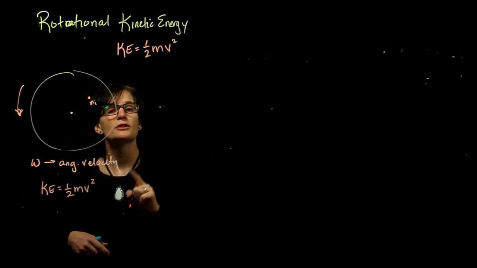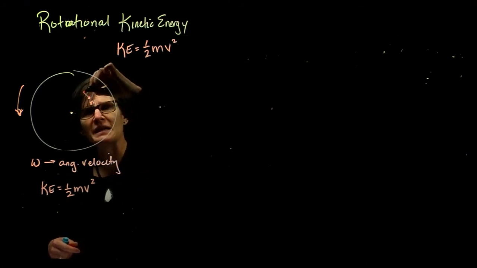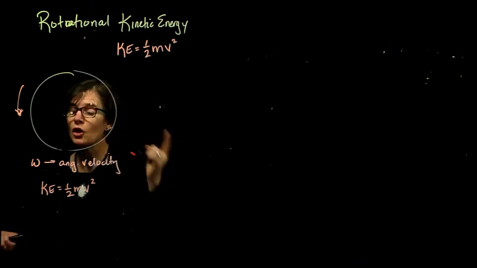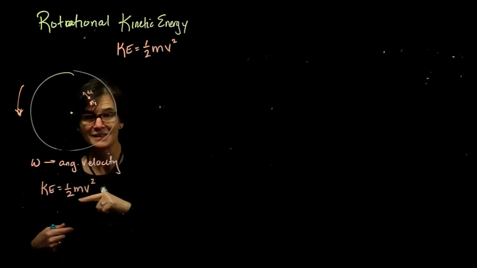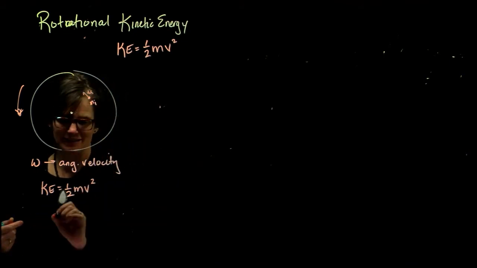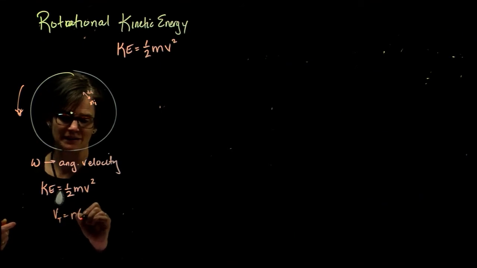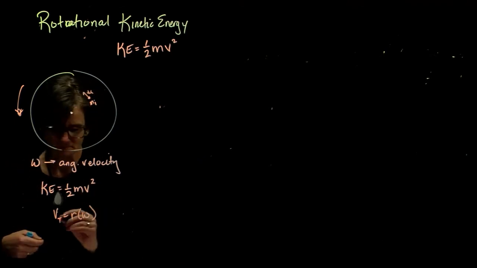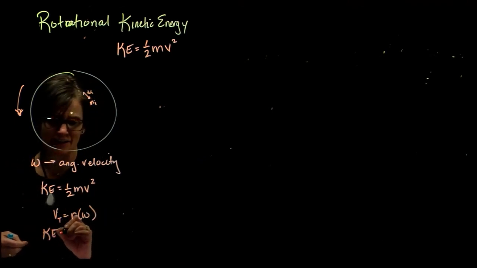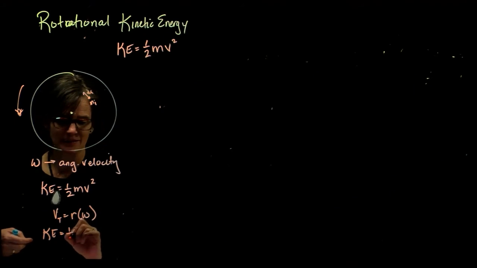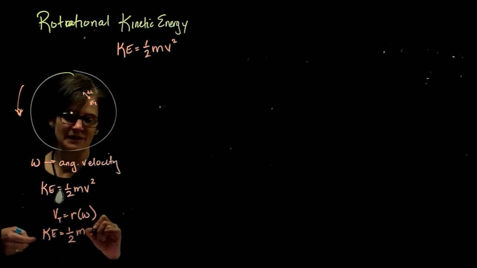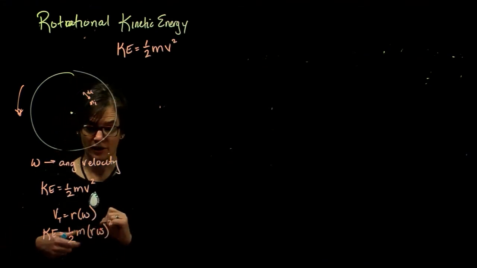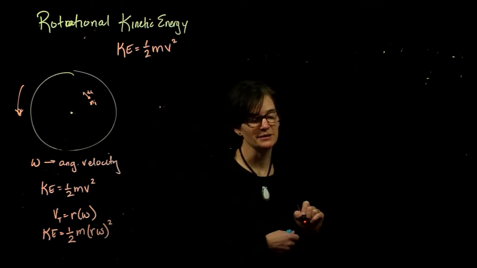But that's a translational speed, a linear speed, which we call in this world tangential speed. So how is tangential speed related to angular velocity? Well, we know that tangential speed is equal to the radius times the angular speed. We did that before. So that tells us that the kinetic energy of this tiny little mass is 1/2 the mass times the radius omega squared, our tangential speed squared.